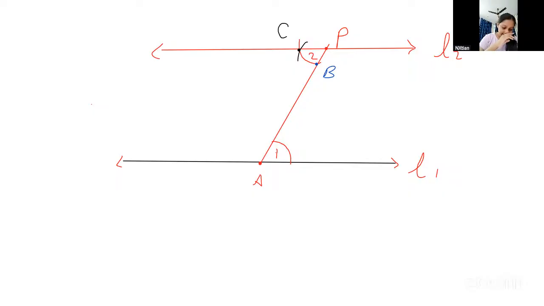The arc C now is cut from point P. Then draw PD and extend line 2.